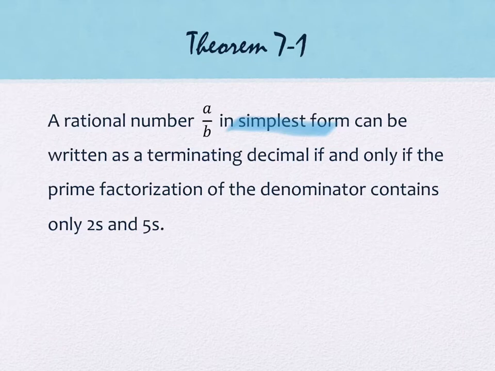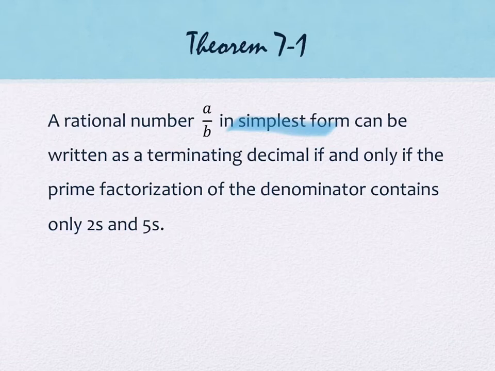Simplest form. It can then be written as a terminating decimal if and only if the denominator, when it's factored, has only 2s, 5s, or both. So if the denominator has anything else besides 2s and 5s in it, like a 3 or a 7, right? It could have a 6, but the problem is 6 becomes 2 times 3, and the 3 is the problem, right?